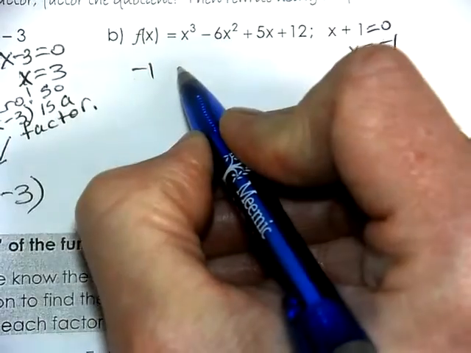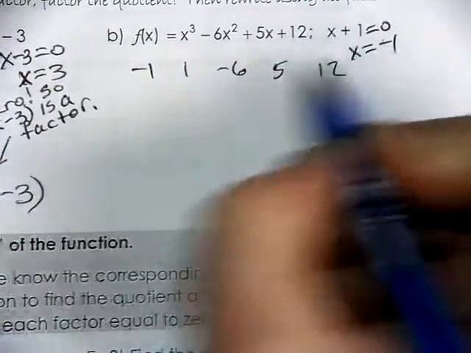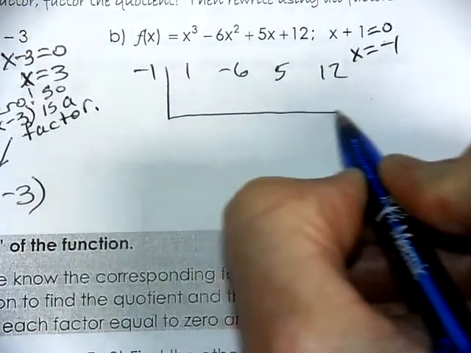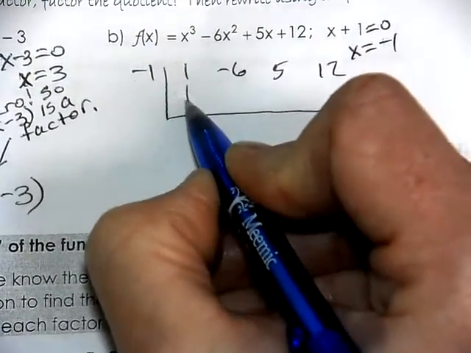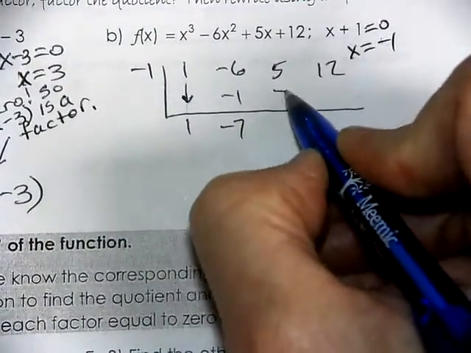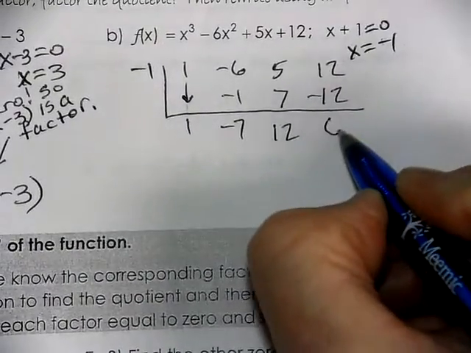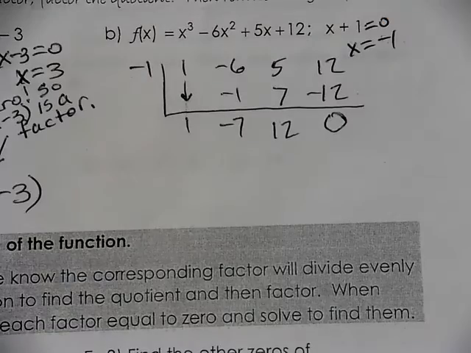We use our coefficients, 1, negative 6, 5, and 12. Drop down our 1, multiply, multiply, multiply. Oh, goody. It gives us a 0.